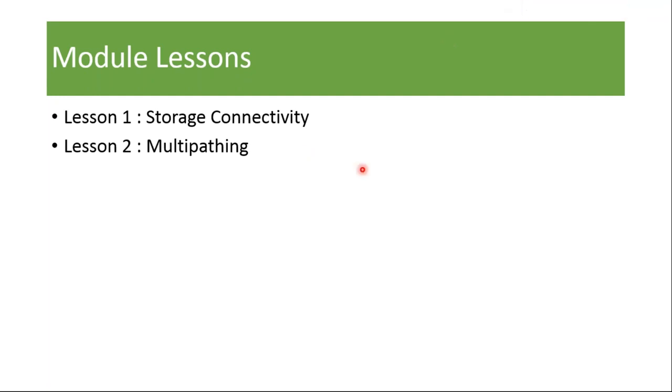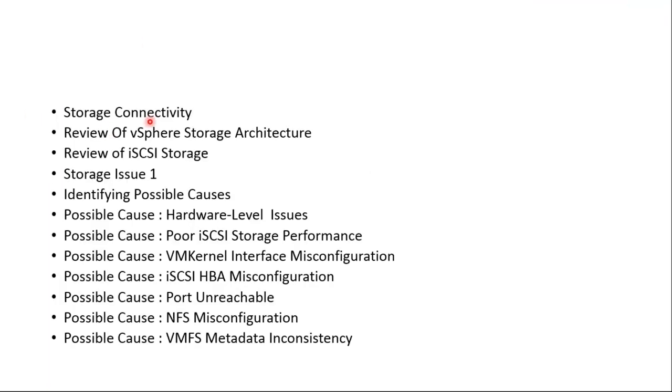In this module there are submodules. Those describe storage connectivity issues, review of your vSphere storage architecture, review of your iSCSI storage, and storage issue 1. For storage issue 1, what are the possible causes?